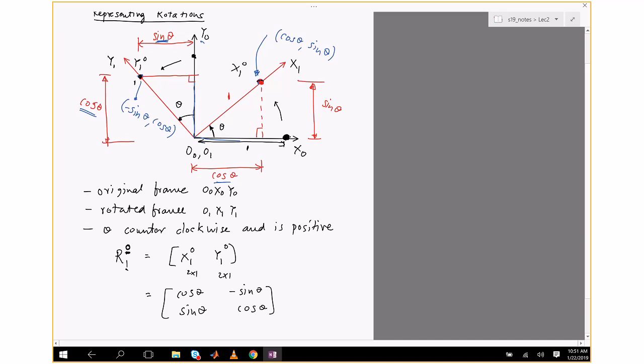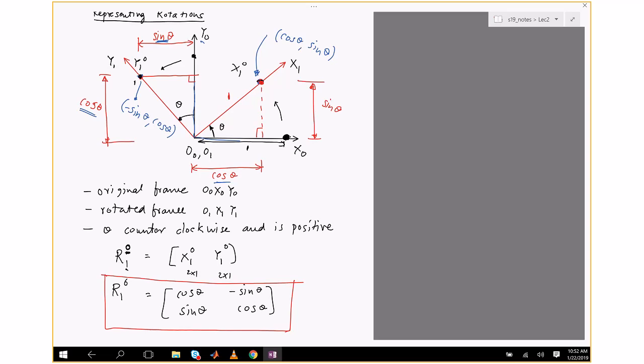It basically tells you the rotation of one coordinate frame with respect to another one. So this is key. This will come again and again. The rotation of frame 1 with respect to 0 is something which should be used again and again in this course.